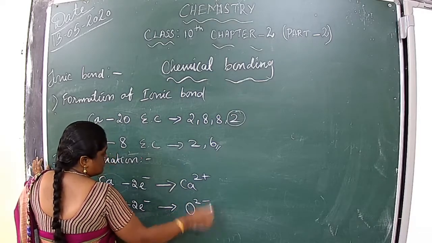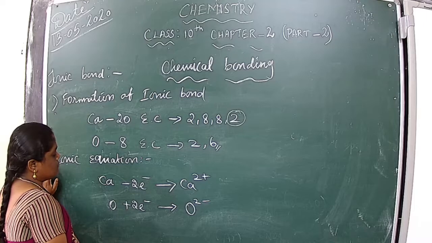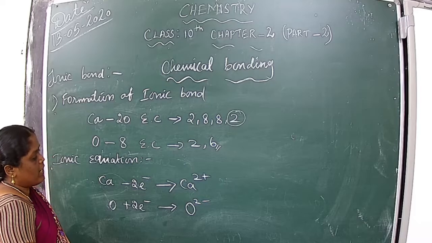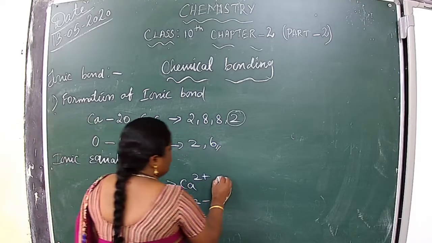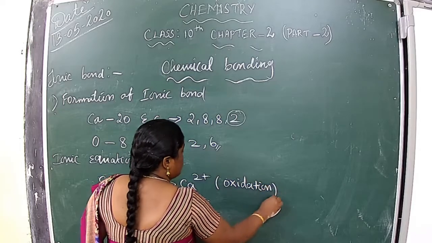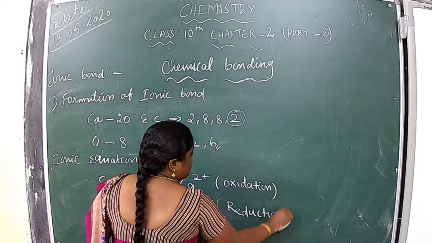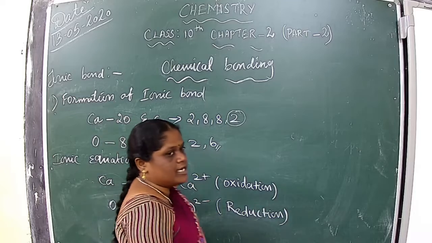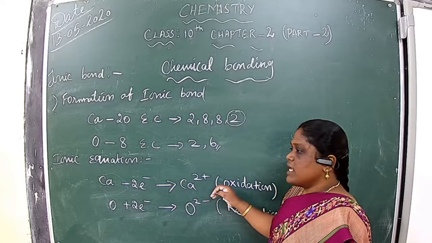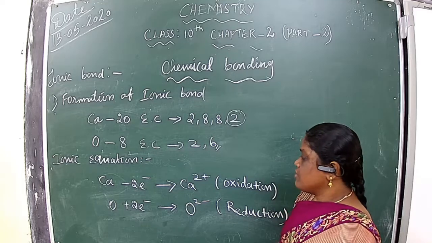Oxygen gains the electron and becomes O2-. Losing electrons is what we know as oxidation, and gaining electrons is reduction. After this we can discuss oxidation and reduction. Now you know: oxidation is loss of electrons, reduction is gain of electrons. Understood?